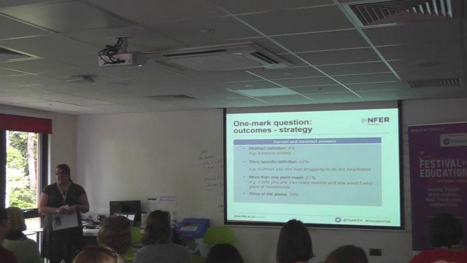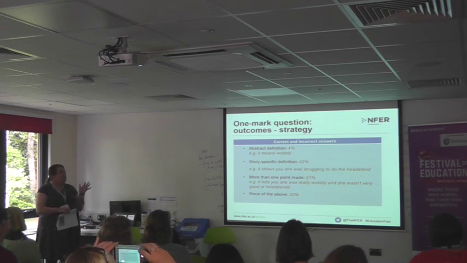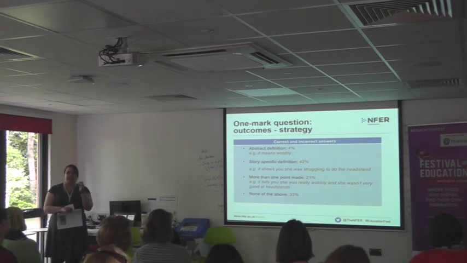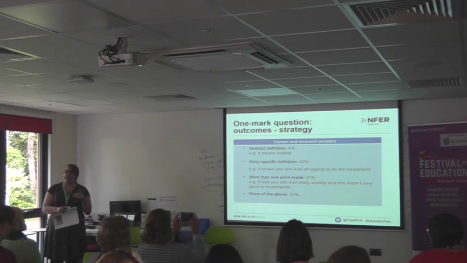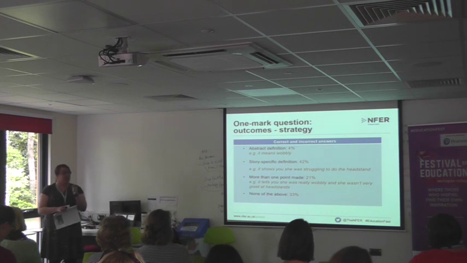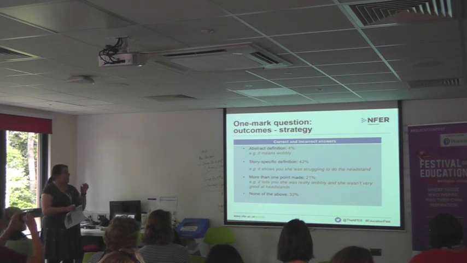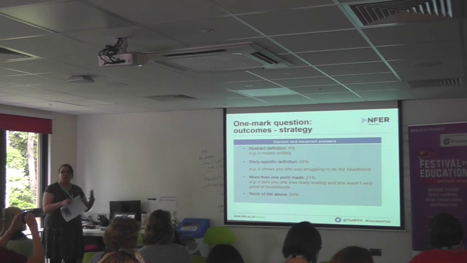So now looking at strategy. So only 4% of pupils gave an abstract definition without linking that to the context of the text. Whereas conversely, 42% of pupils gave only a story-specific definition. So these are pupils who didn't define the word teetering, but did define what it meant in the context of this story.